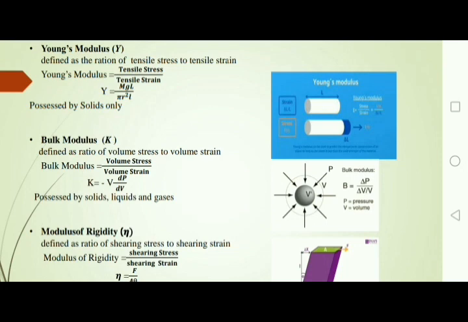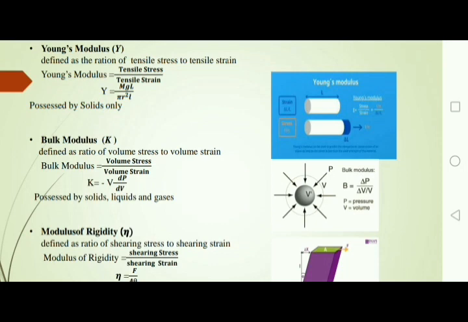Finally we will get the equation Y is equal to mg capital L upon pi r square small l. Young's modulus is possessed by solids only. Then we will move to bulk modulus. So what is bulk modulus?